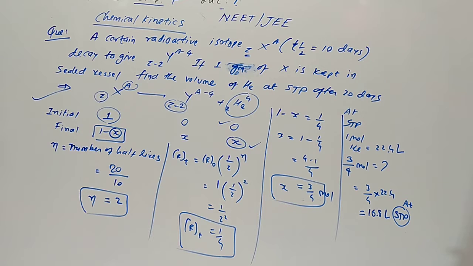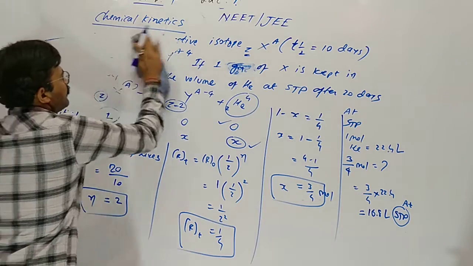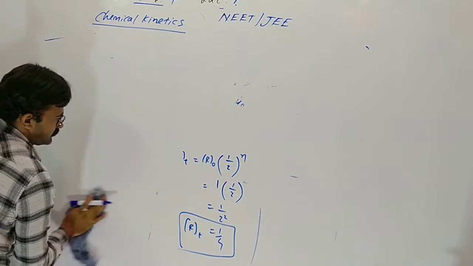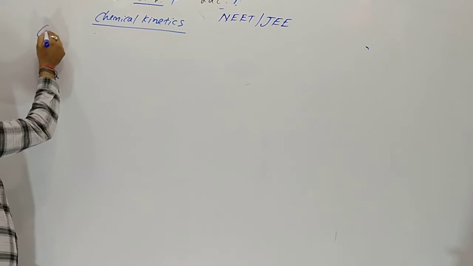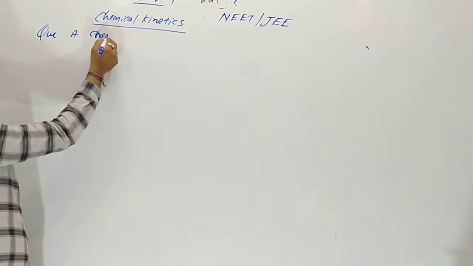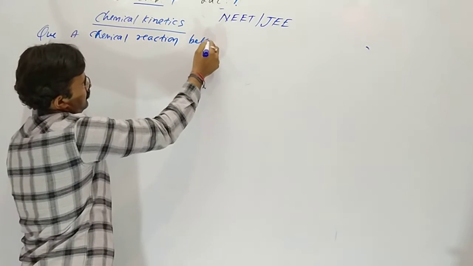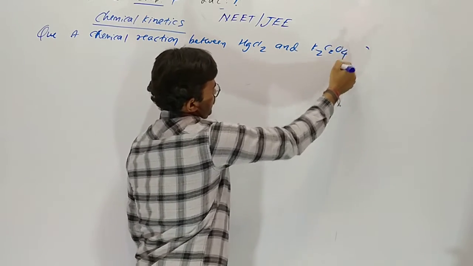Now next question. The chemical reaction between mercury chloride and potassium oxalate.